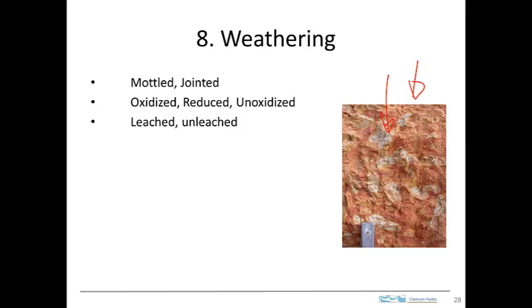And so you can have locally reducing conditions that cause the redox state of the iron to change, and if it's a reduced form of iron, then you can get these grayish colors. And then quite close by, you would have oxidized or oxic conditions, and there the iron would be red or orange colored.